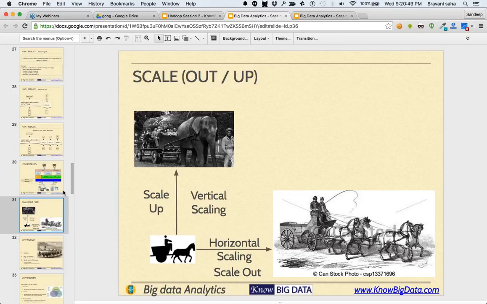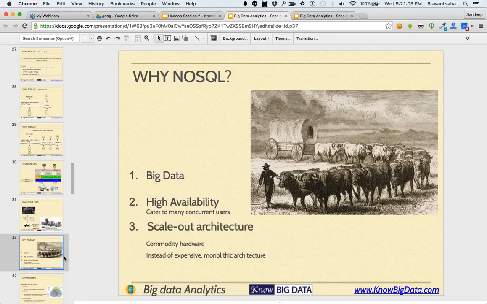That is the reason why the whole idea of distributed computing or horizontal scaling came into play. So that was a quick overview of scaling out and scaling up.